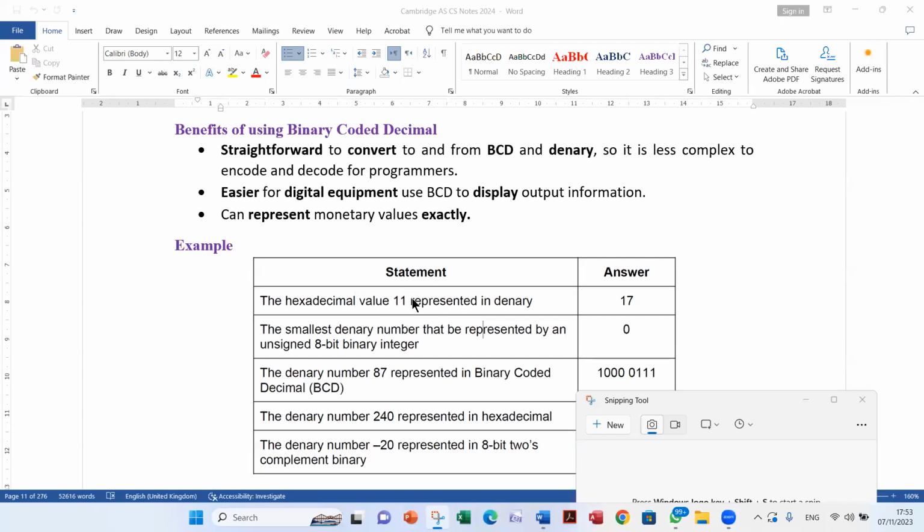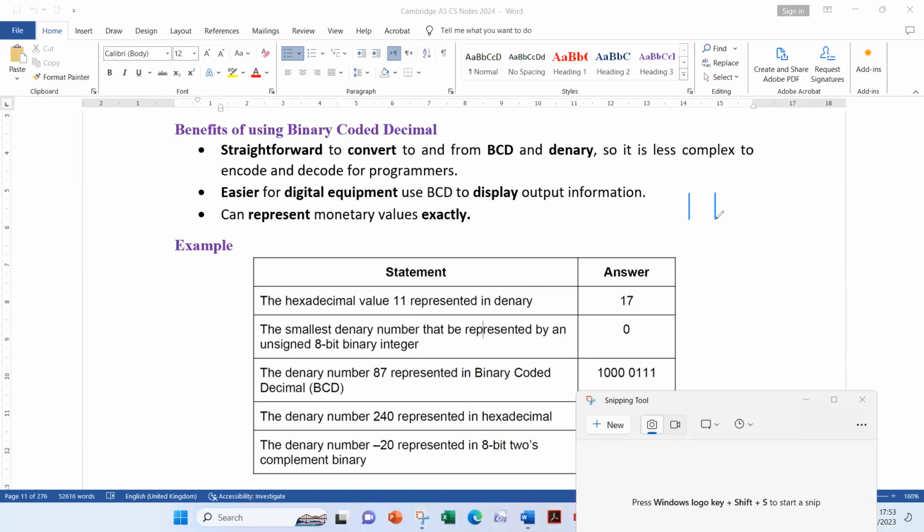Let us do this again. 11 in hexadecimal. I can draw. This is 11 in hexadecimal. Let me put weights. Above the right 1, I put 1, and here I put 16.